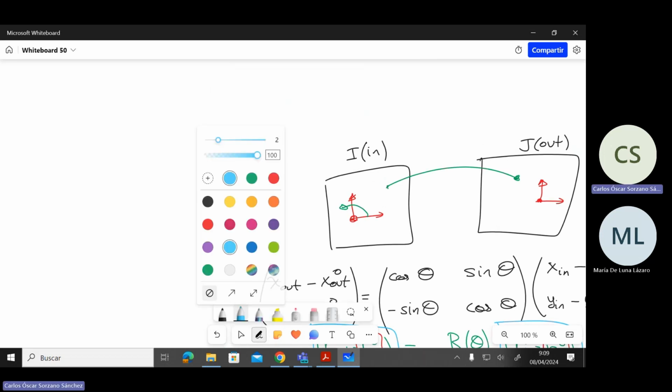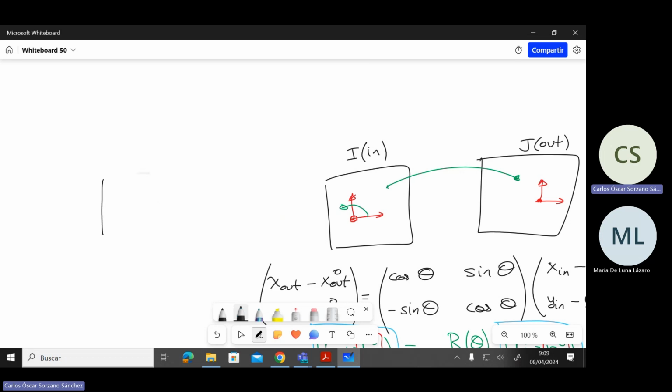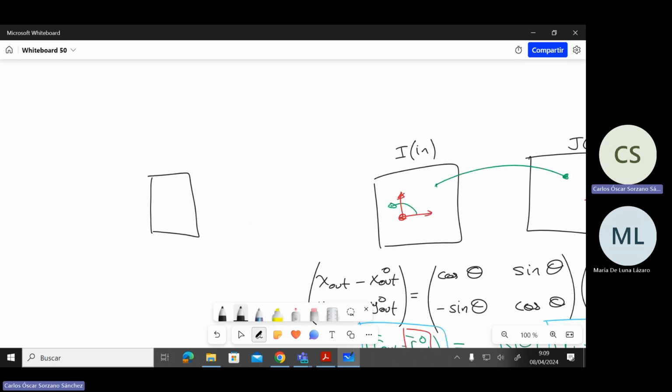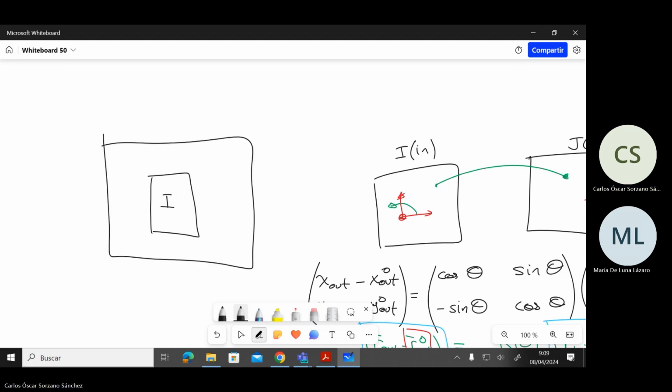You can do the same thing as in the Fourier transform. So you have an image, but then you make it periodic. Copy the same image.